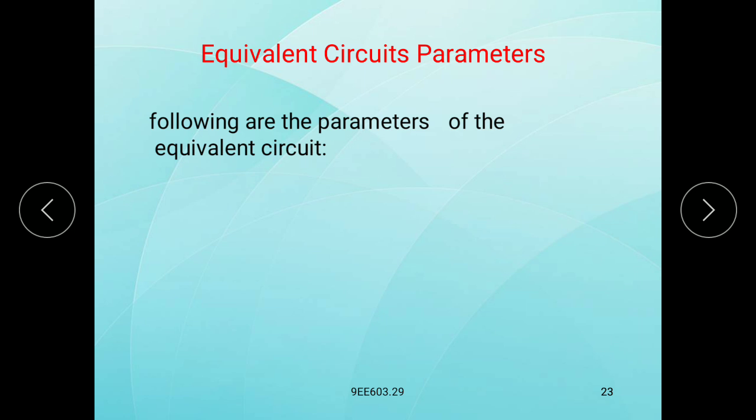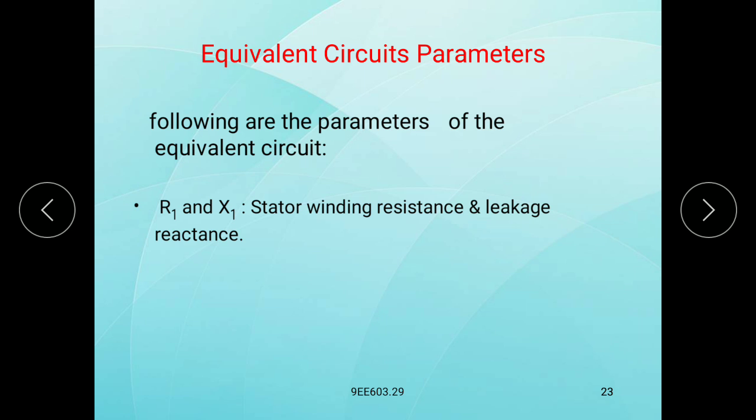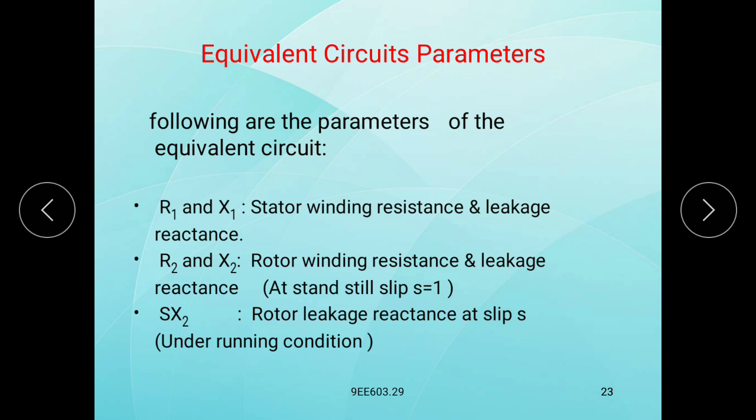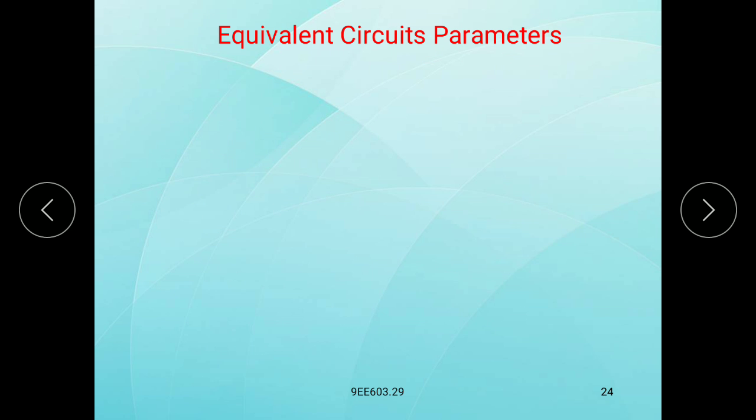Following are the parameters of the equivalent circuit. R1 and X1 are the stator winding resistance and leakage reactance. R2 and X2 are the rotor winding resistance and leakage reactance. sX2 is the rotor leakage reactance at slip s under running condition.